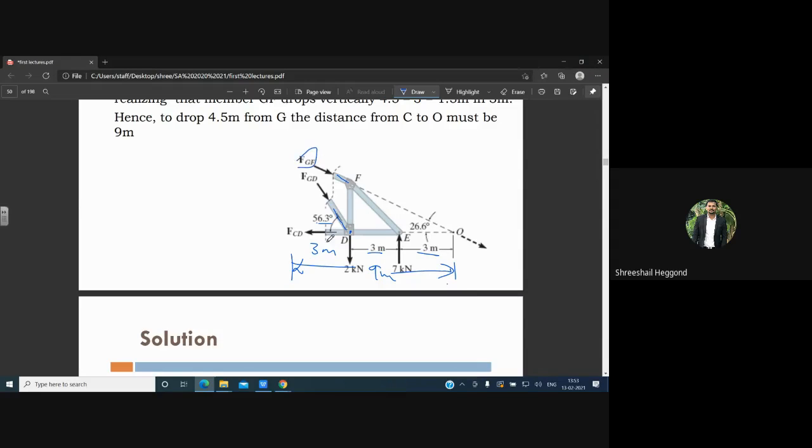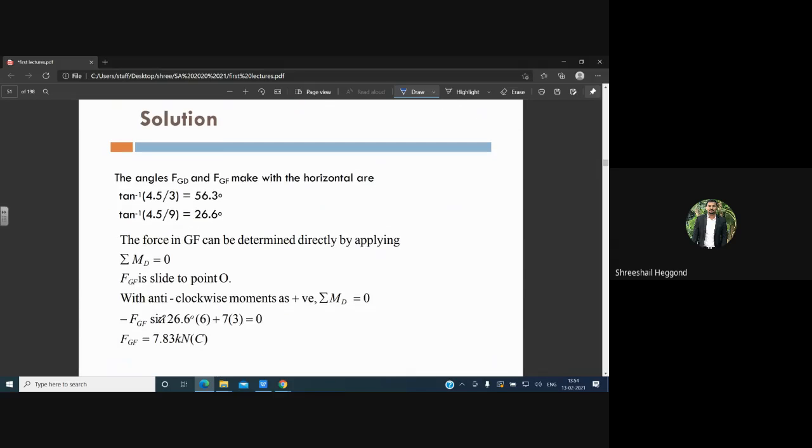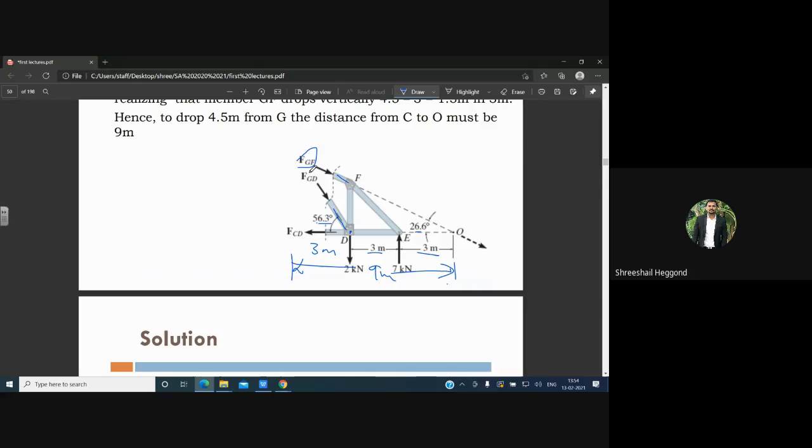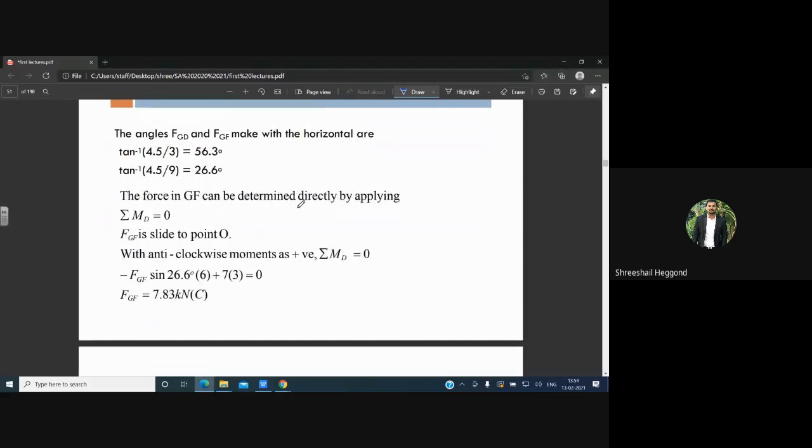That can be written as minus FGF into sine 26.6 degrees, which is already calculated. 26.6 is the angle of inclination, and this is the main structure element, into the perpendicular distance of 3 meters. No, total of 6 meters. 3 plus 3 is 6 meters.